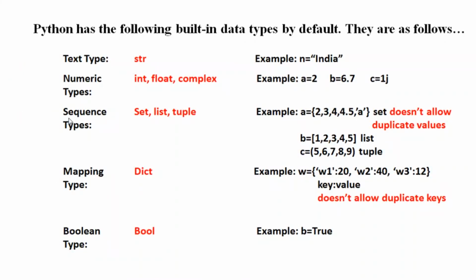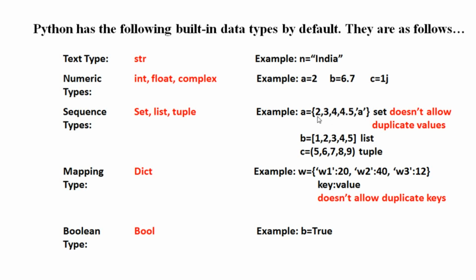So the next one is sequence types. You have set, list and tuple. Okay. Set, if it is, then it should be in a pair of curly braces and the data should be separated by a comma. For a set, what happens if you give duplicate data? Then what happens? The last one is ignored.